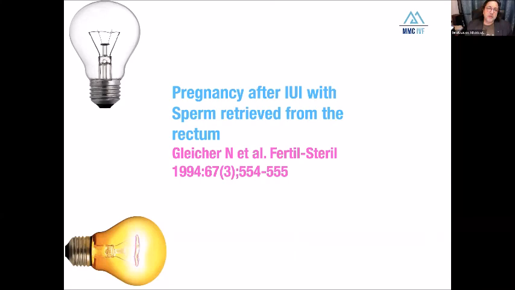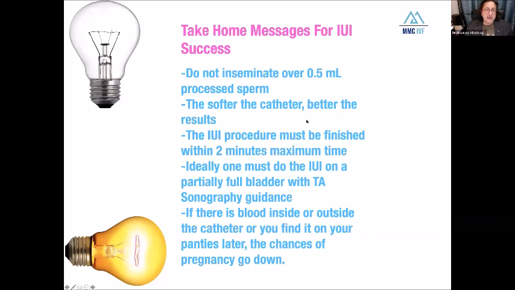Every time the man ejaculated, sperm would land in the rectum. Using a glass pipette, they would get the sperm out with a bulb and glass pipette, and then do a triple sperm washing, and then got pregnancy, not once, but he completed his family of 2 with IUI and sperm retrieved from the rectum. This is the last slide.